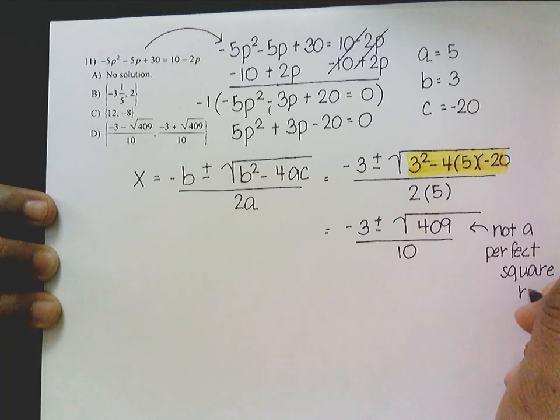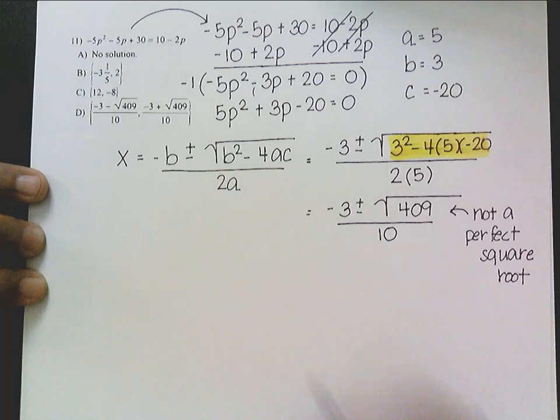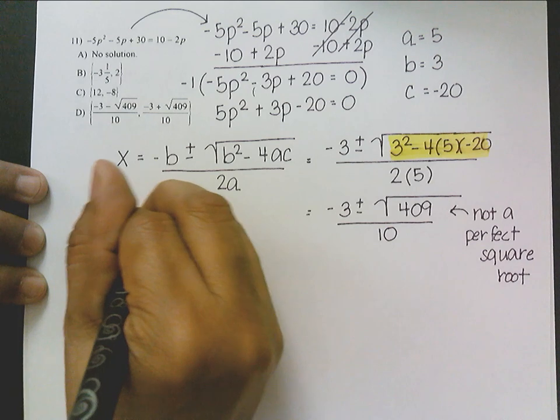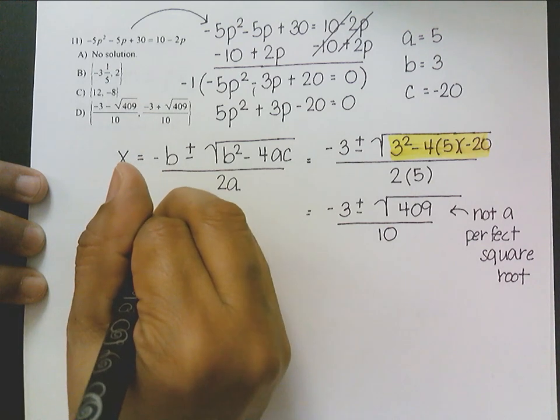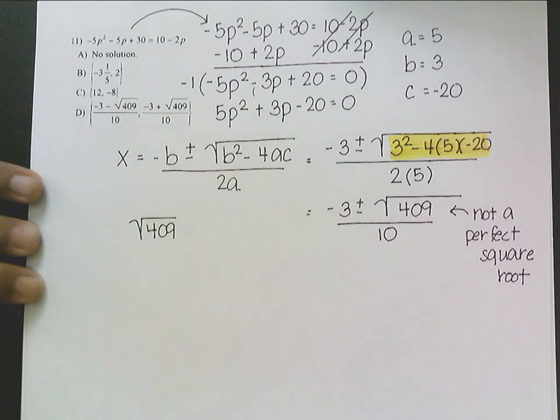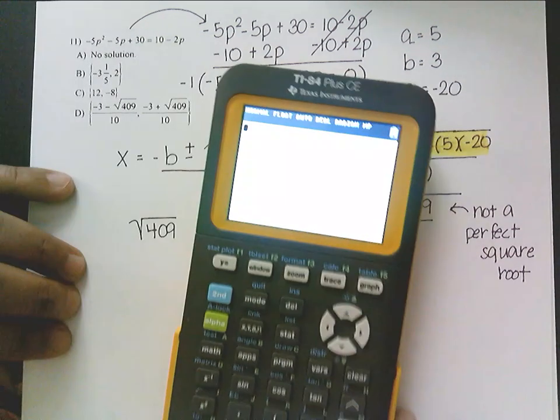So again, this is not a perfect square root. I'm writing this because this is your notes, okay? So I'm going to come over here and simplify this radical, and you simplify it the way your teacher taught you. And you can use the calculator, so I'm going to use my calculator. Here we go.